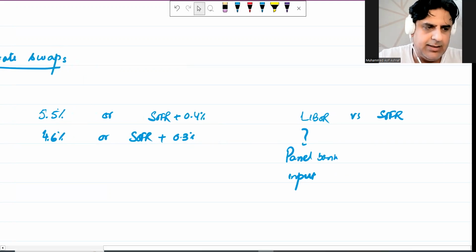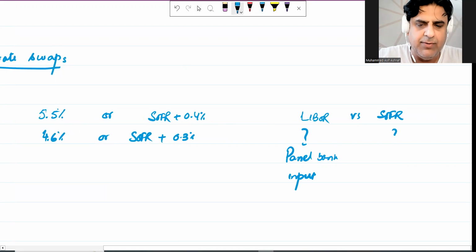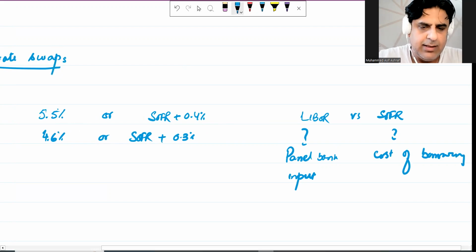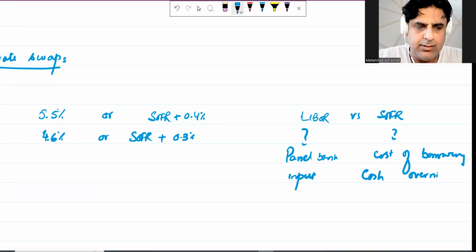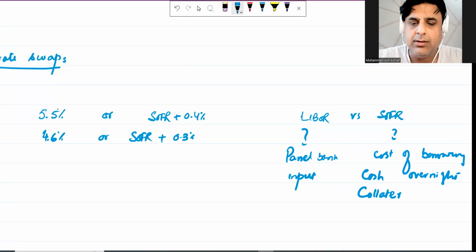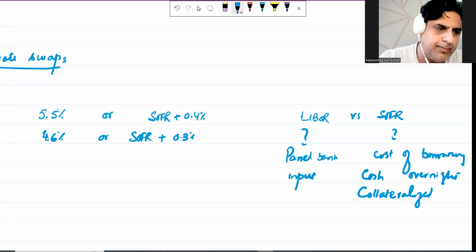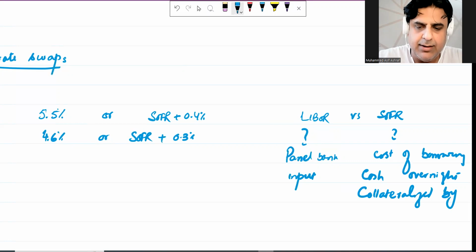While on the other hand, SOFR is the measure of the cost of borrowing cash overnight, collateralized by US Treasury securities in a repo market.